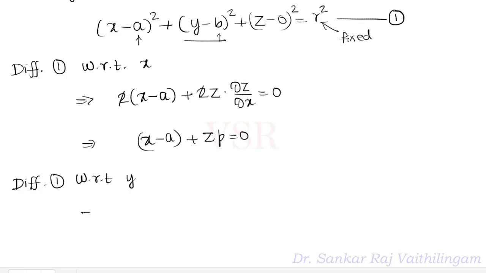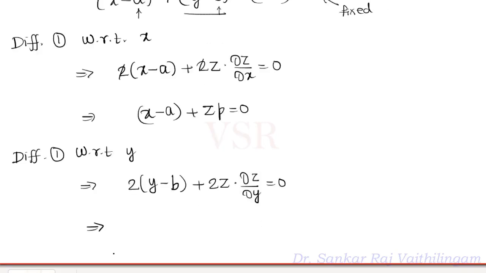This implies that 2 times y minus b plus 2 times z into dou z divided by dou y which is equal to 0. So y minus b, இந்த 2 cancel பண்ணிக்கிறேன், plus z into q which is equal to 0.